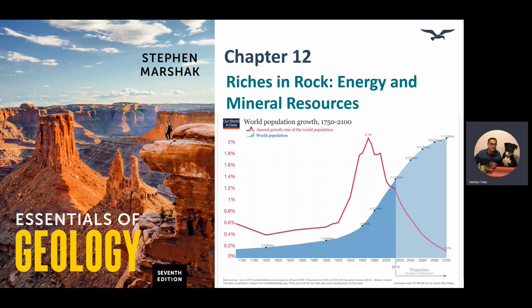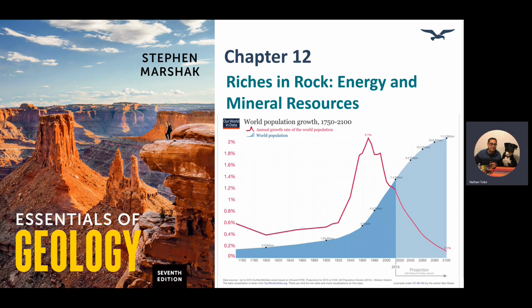And it's probably good that it's leveling off, given that's 50% more people than we have on Earth today. We're already, in many cases, reaching a point where mineral resources and energy resources are in such demand that prices are increasing skyward.